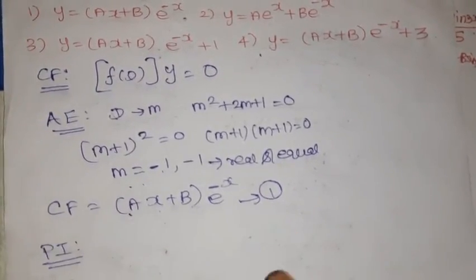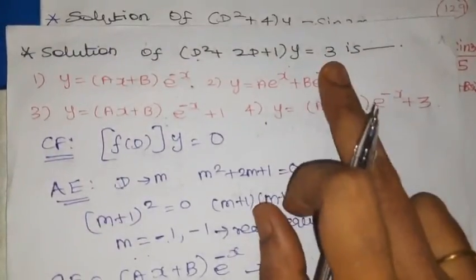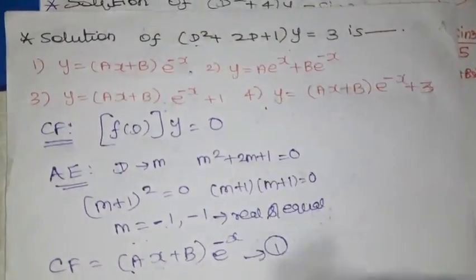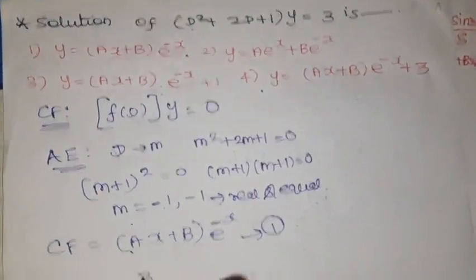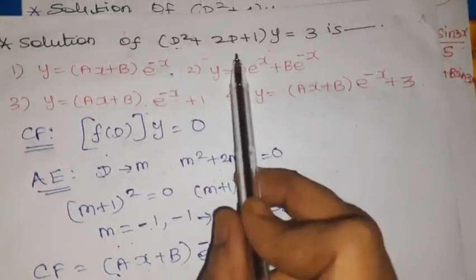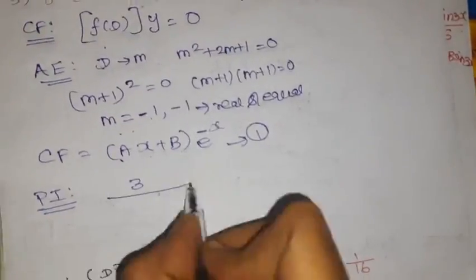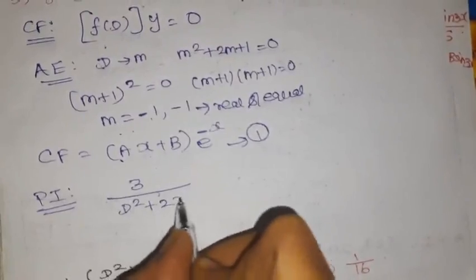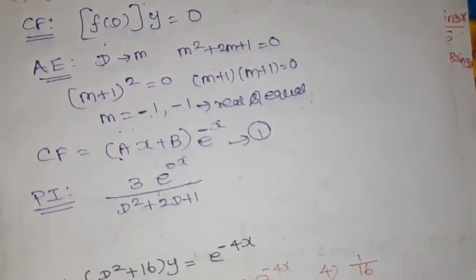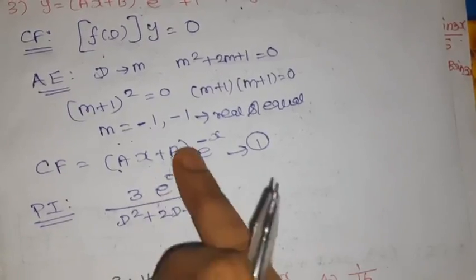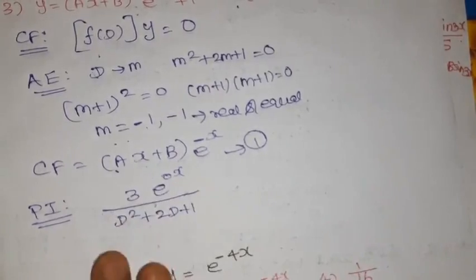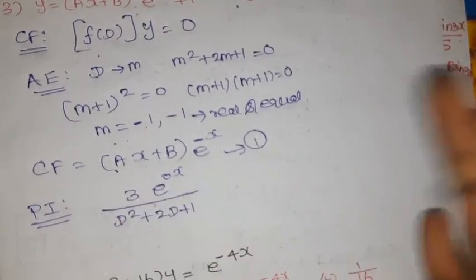To find the particular integral, we need to use the RHS. The RHS is simply a constant, 3. So we write 3 divided by f of d, the given d squared plus 2d plus 1. Can we write it like this, e power 0x? Anything to the power 0 is equal to 1, so this term will not be affected when we write e power 0x.